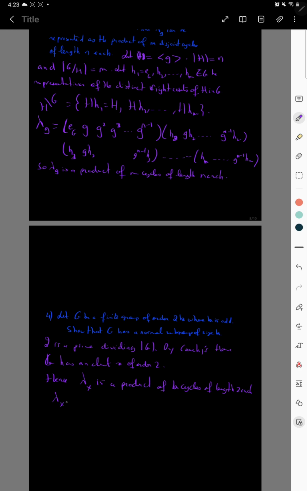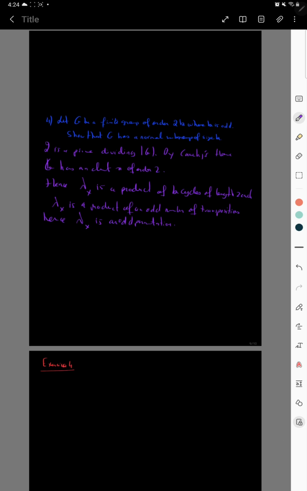So lambda x is a product of an odd number of transpositions. Hence, lambda x is an odd permutation. Right?